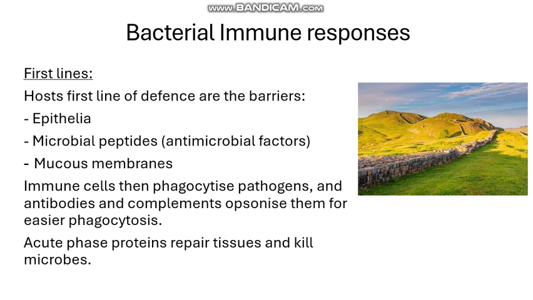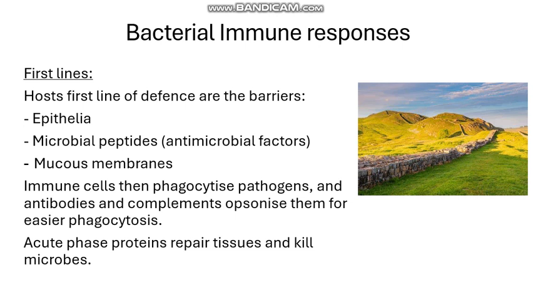So immune cells then phagocytize pathogens, and antibodies and complements opsonize them to make them easier for phagocytes to actually envelop and destroy. We also have acute phase proteins that repair tissue and kill microbes. So these are some of the first lines of defense against these bacteria.